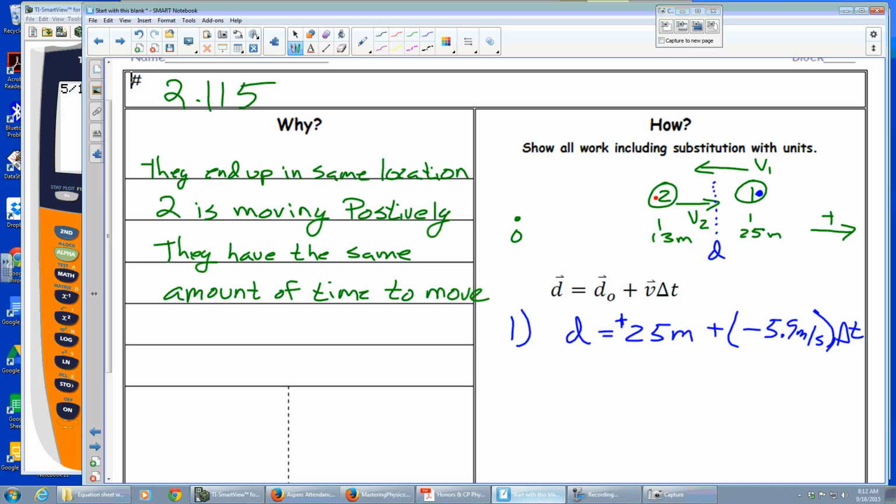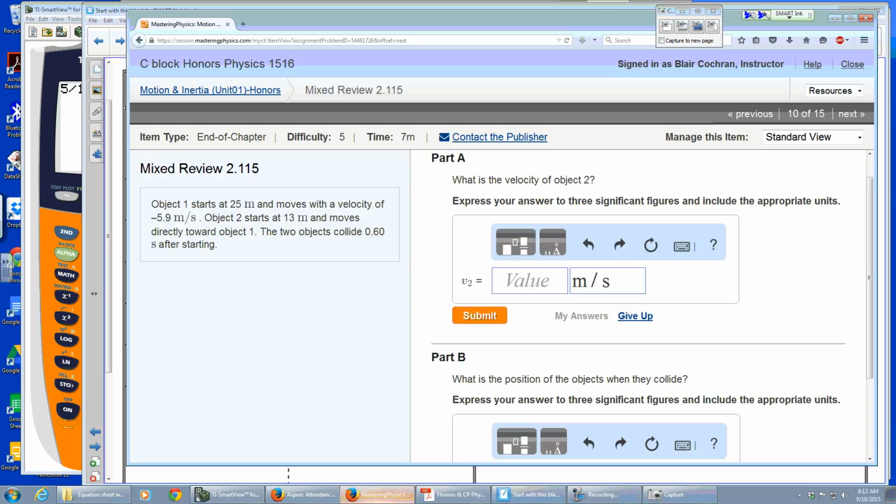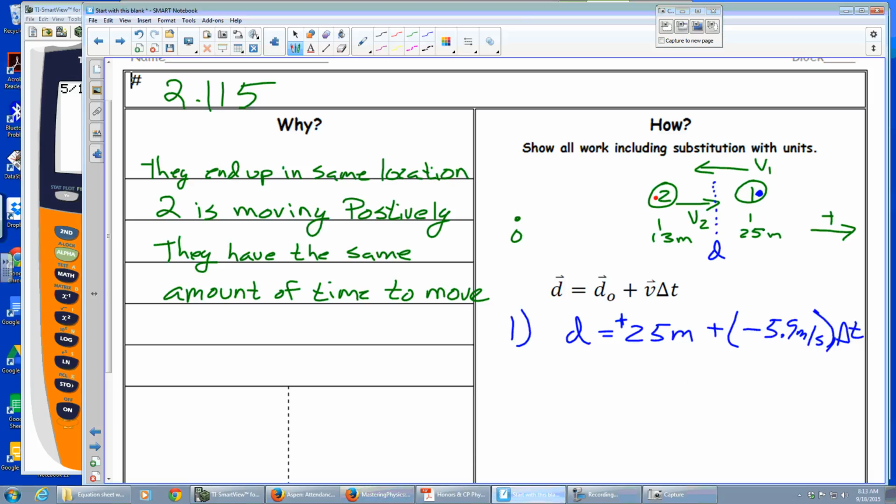Can I solve that equation? No, because I have 2 different variables, right? So no love there. Oh, wait a minute. I know t, don't I? They gave me t. They told me 0.6 seconds. So I do have enough. Hey, that's good news. So rather than delta t here, I have 0.6 seconds.